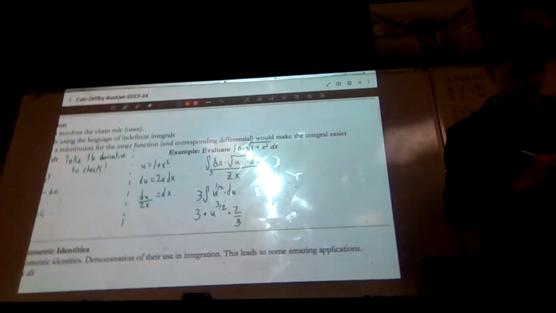The 2/3 are going to cancel. We have plus c here. These two cancel out. We are going to get 2u to the 3/2 plus c, or 2 times 1 plus x squared to the 3/2 plus c.